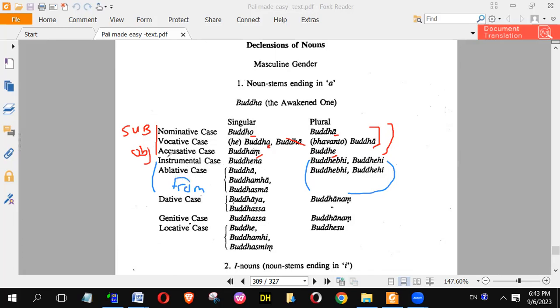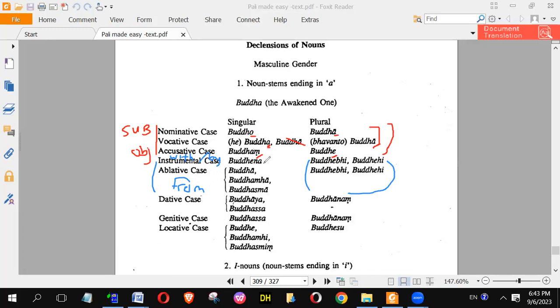Instrumental you can normally translate as with or by, like by the Buddha or with the Buddha. Here is the plural: with the Buddhas, by the Buddhas. Ablative will be from the Buddha, from many Buddhas.